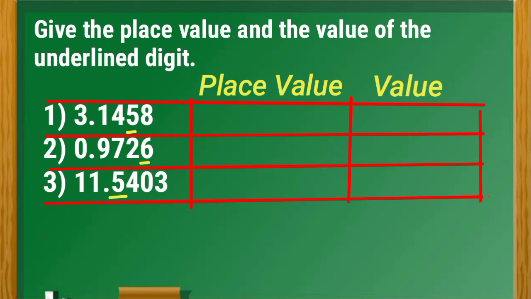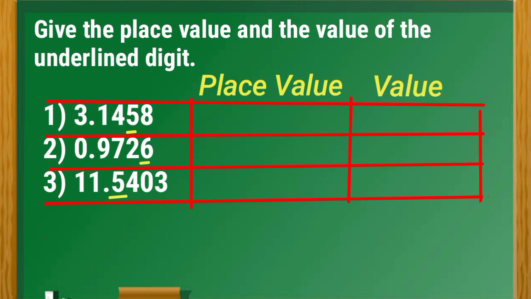So let's have a short review first. The first place value after the decimal point is the tenths, followed by hundredths, thousandths, then 10,000ths. While you are looking for the answers, I want you to pause this video for a while so that you will have enough time to answer.